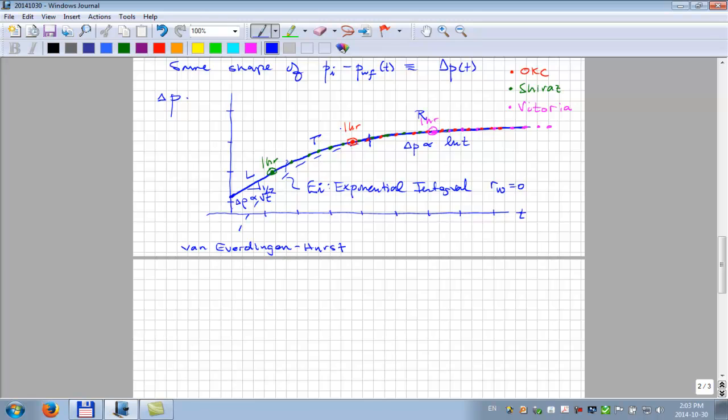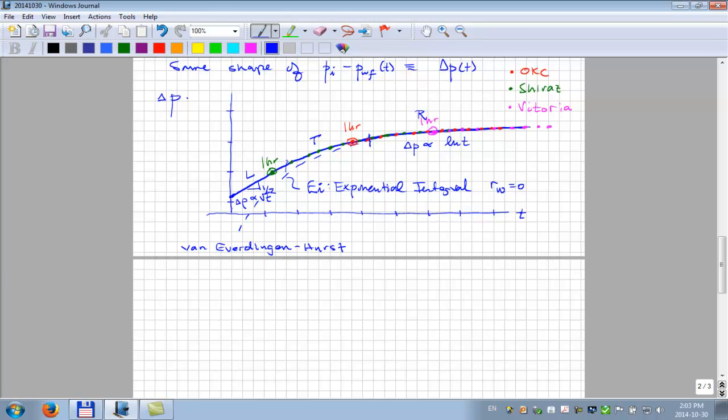And Hamid's, it happens at 1 month. But that same point on the curve where the shape is the same, that means the derivative is the same, is right there. But it happens at different times. My pressure drop might be 100 psi, your pressure drop might be 1,000 psi, and her pressure drop might be 1 psi at that particular time. But the shape is the same.